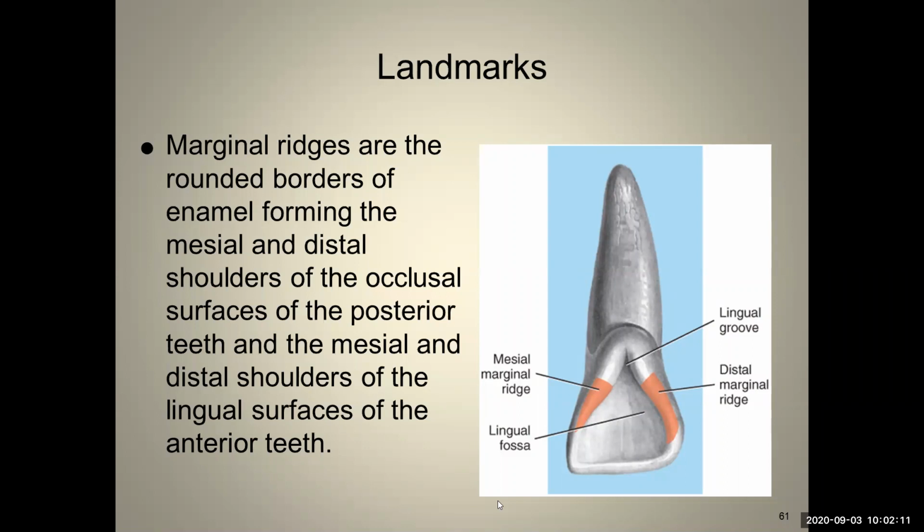Now for the anterior area, we've got what we call our marginal ridges, and they are the rounded borders of enamel forming the mesial and distal shoulders of the occlusal surfaces of the posterior teeth, or the mesial and distal shoulders of the lingual surfaces of the anterior teeth. So all teeth have marginal ridges.